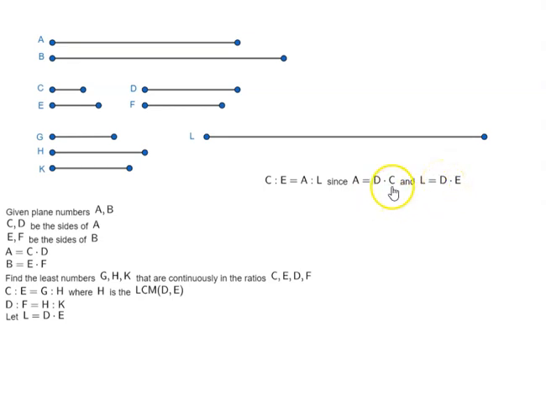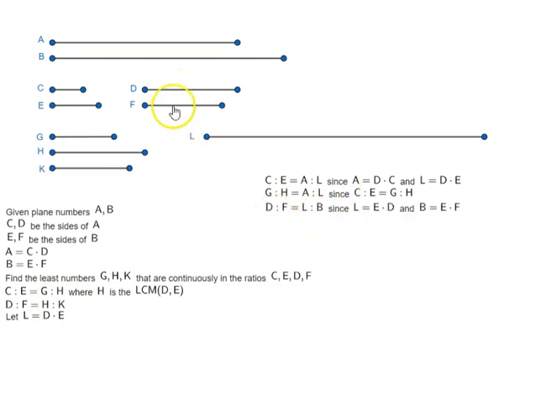Which means C measures A as E measures L, and we can write that in proportion. G is to H is equal to A is to L. How? Because C is to E is equal to G is to H and C is to E is equal to A is to L. So we can combine them and say G is to H is equal to A is to L.